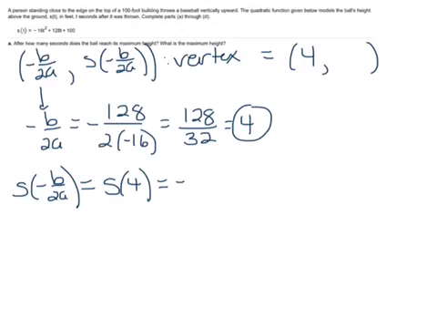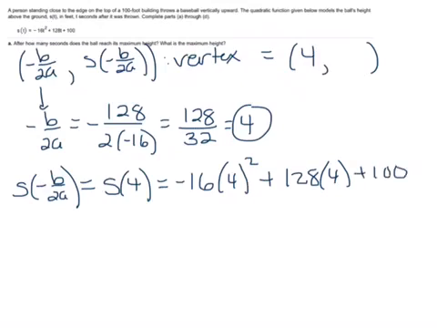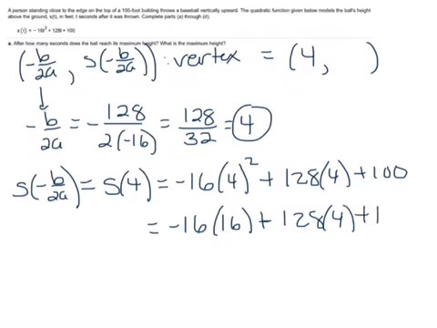So that will be negative 16 times 4 squared plus 128 times 4 plus 100. And let's see, that's negative 16 times 16 plus 128 times 4 plus 100.